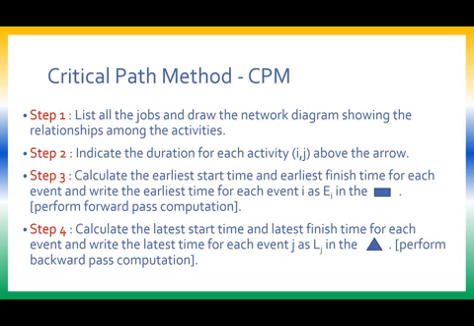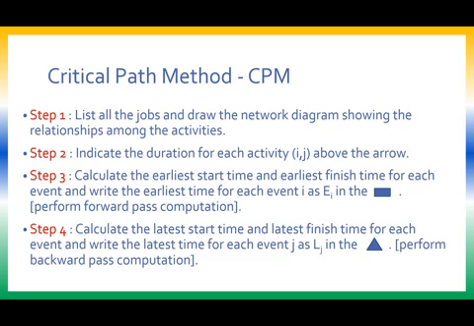For every event, you will have an early time estimate. That has to be computed and written using a rectangle, right? So this is what is called the forward pass computation. In the forward pass, starting from the first node, node after node, till the last node, we put a rectangle, calculate the early time estimate and note it.